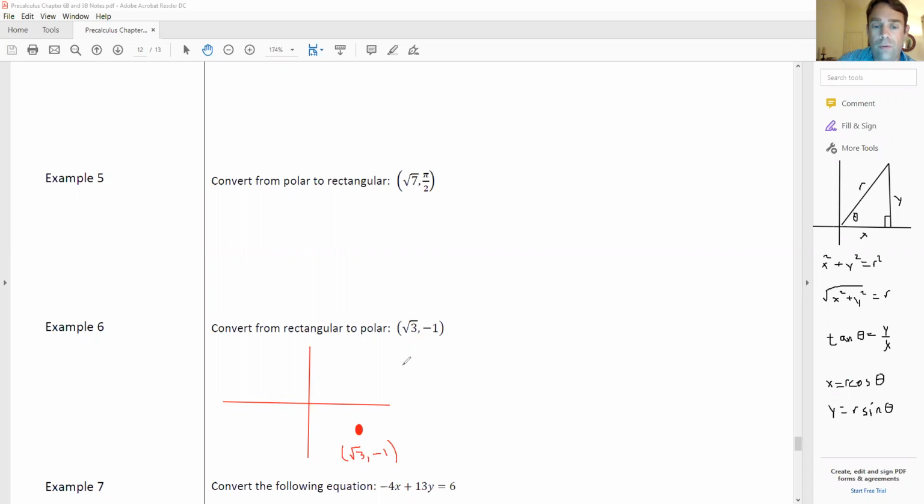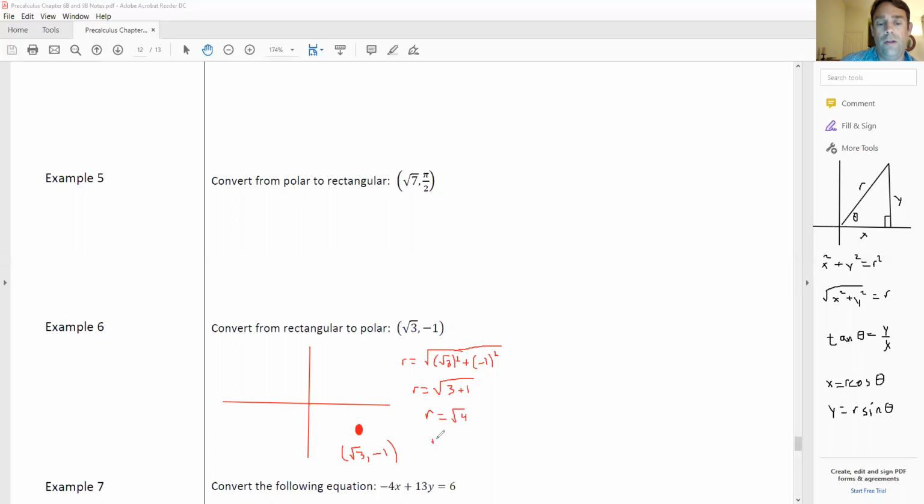So let's go find our r value real quick. So root 3 squared plus negative 1 squared. So r is the square root of 3 plus 1. r is the square root of 4.